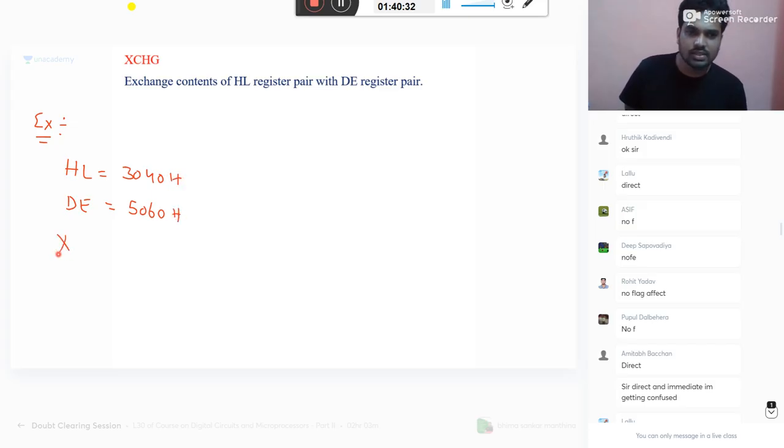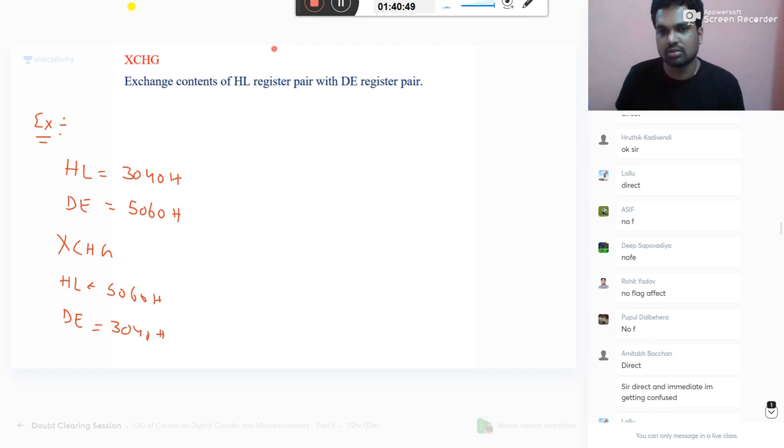If I say XCHG, a single instruction, what happens? HL will become 5060. DE will become 3040. The exchange happens internally. It is an internal operation, not an external operation. Why internal? It is exchanging only registers.